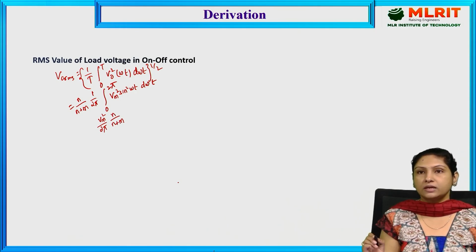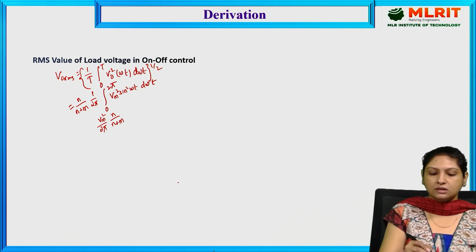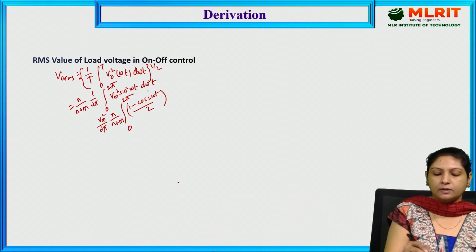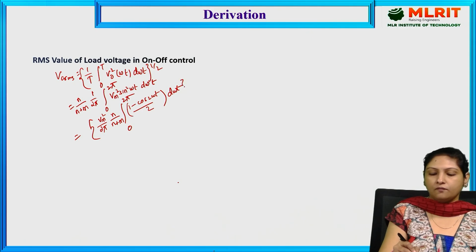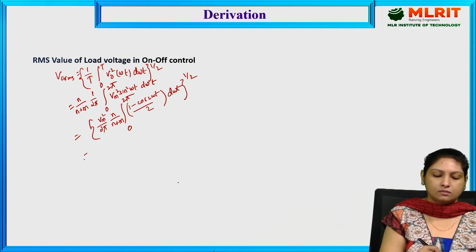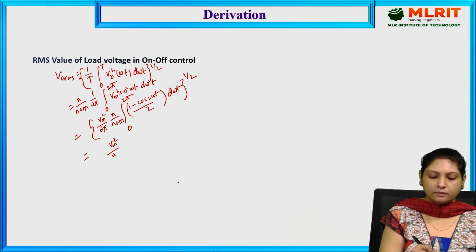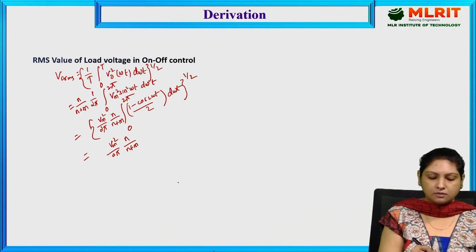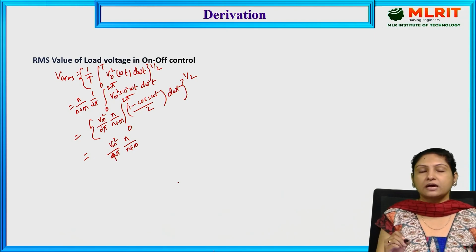In order to integrate sine square, let us write it in terms of (1 minus cos 2 omega T) by 2, from 0 to 2 pi d omega T, whole to the power of 1 by 2. We get Vm square by 2 pi, n by n plus m, and let us take this 2 outside and write it as 4 pi.